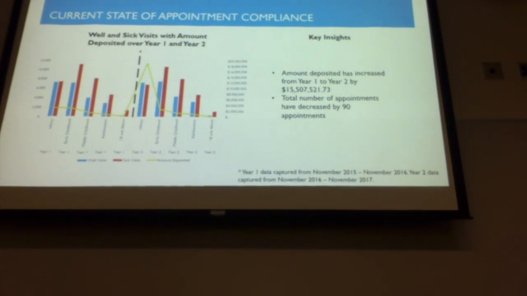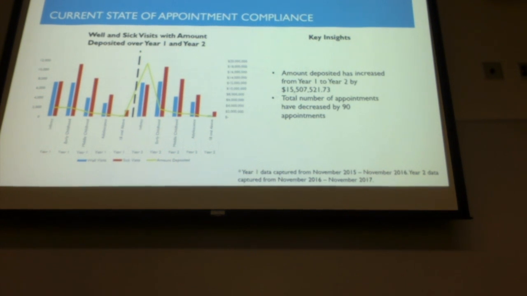So with the data that we received from Judy, we ran some analyses. We compared the state of appointment compliance from year 1 and year 2. The data from year 1 is capturing patient visits from November 2015 to November 2016, and year 2 is capturing data from November 2016 to November 2017. On the x-axis of this graph, we have broken down the population by age group as defined by Bright Futures.